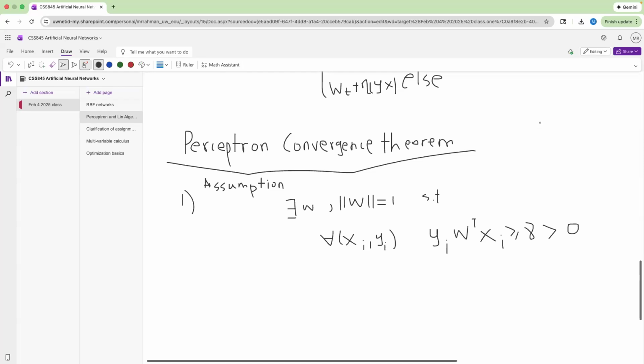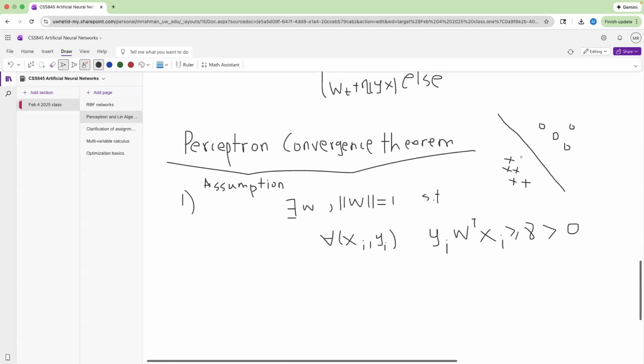What this means pictorially is, let's say this is your data set, right? This assumption is saying that for the positive and the negative classes, it's possible to find a line. There exists at least one hyperplane or line that separates them, like this one.